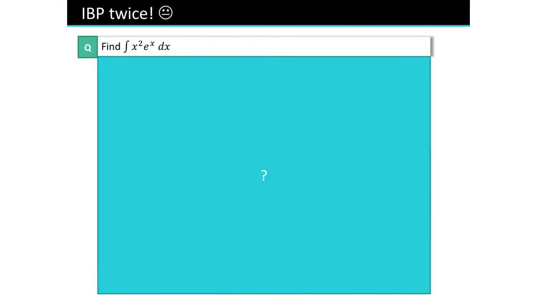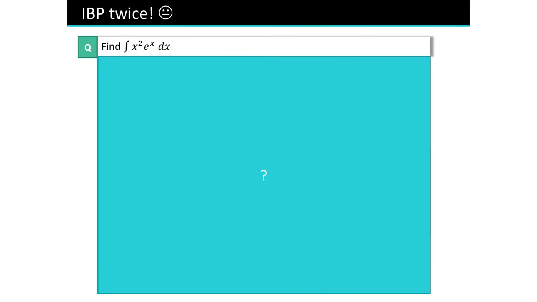It's just the nature of it, because when you differentiate or integrate e to the x, it's still e to the x. Okay? So you're going to have to do this twice. I want you to give it a go. Just know that you're going to have to do this one twice. Okay, so I'm going to start this slowly. Tell me when to stop if you want me to slow down.